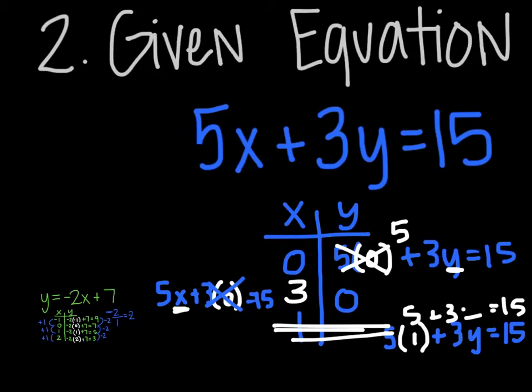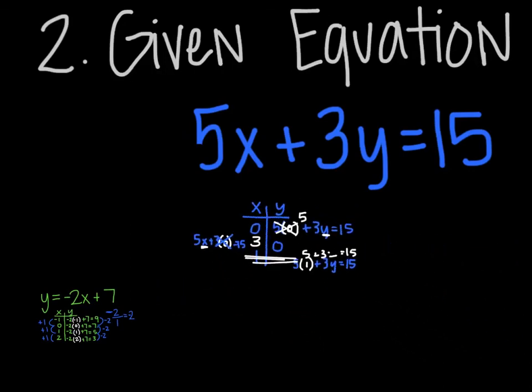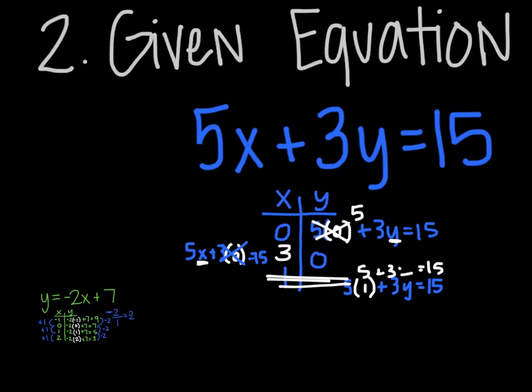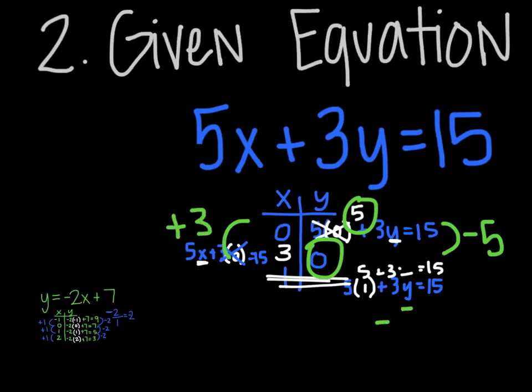Now that we've done all of this, we can find the slope. So the change in y, we went from 5 to 0. The change is going down 5, and then going from 0 to 3, that is a positive 3, so my change is negative 5 over 3.